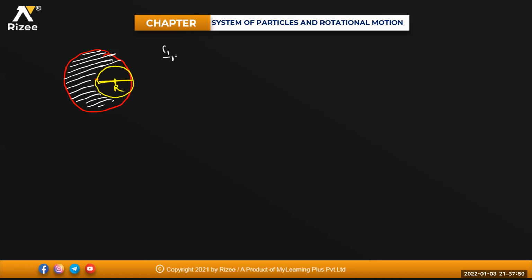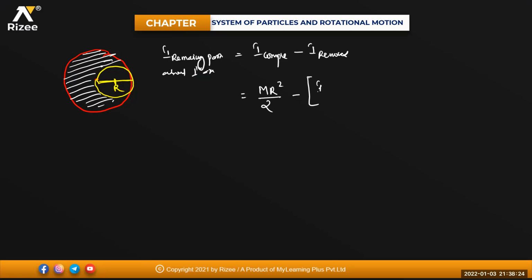So how do you write the moment of inertia of remaining part, beta? Moment of inertia of your remaining part about the perpendicular axis will be equal to moment of inertia of your complete minus moment of inertia of your removed part. So for the complete, moment of inertia about an axis passing through the center is MR square by 2, minus removed part, which means moment of inertia about the center of mass plus m into whatever distance square the part you have removed is from the axis.